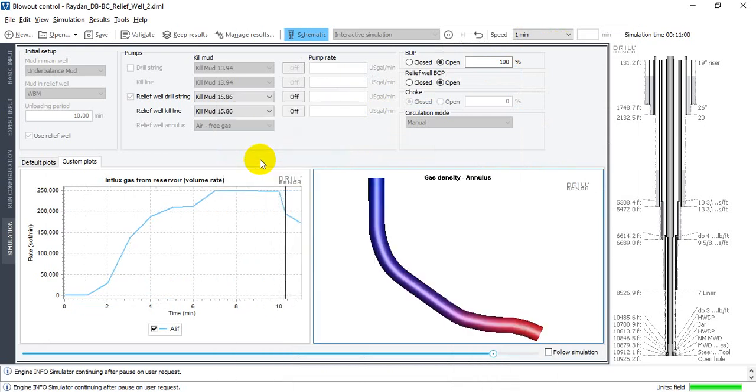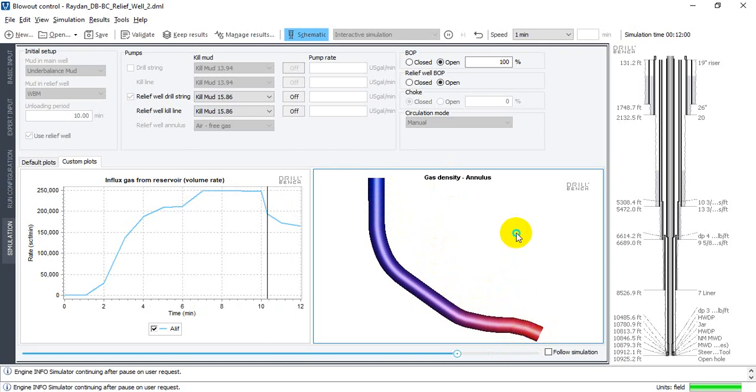Gas density, yes, we can see the gas density in the 3D plots. The gas density is less at the top, and at the bottom of the well there is high gas density in the annulus.